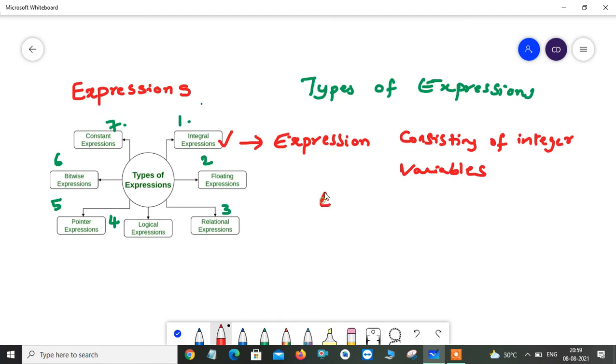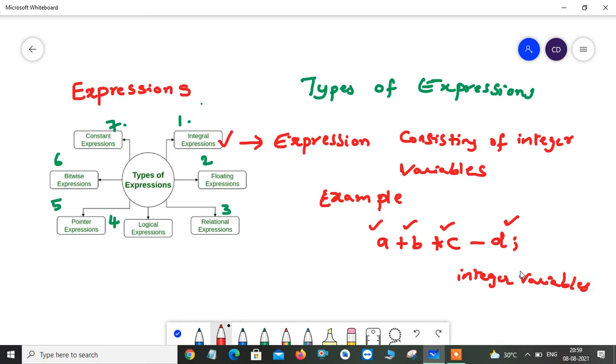For example, if I am given an expression A plus B multiplied with C and then minus D, this is an expression. Here A, B, C, D are integer variables.